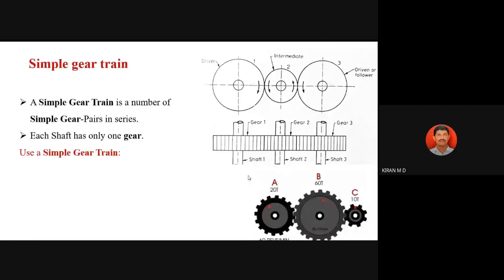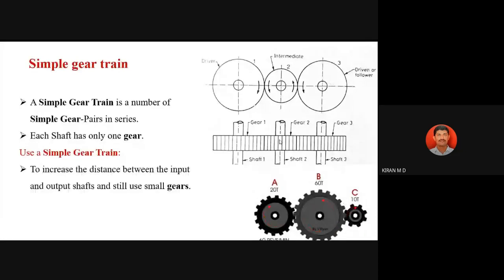Now, what is the use of a simple gear train? First, it increases the distance between the input and output shafts while still using small gears. Observe here: this is the center of the driver and this is the center of the driven.